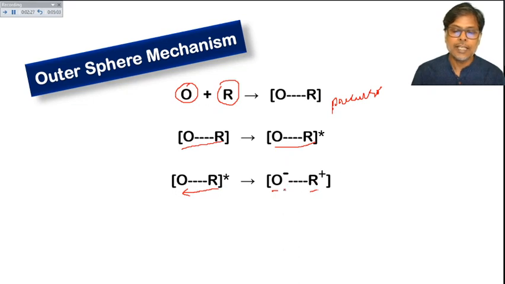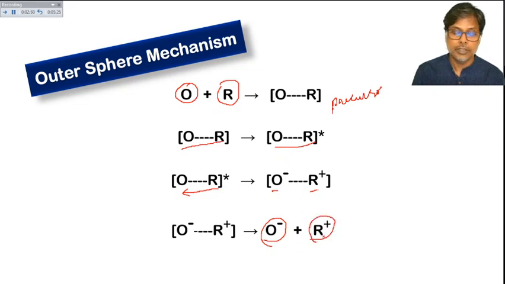Now once the electron transfer has occurred, the activated complex dissociates into individual complexes. This time the oxidant goes with one extra electron, and the reductant goes by losing one electron.